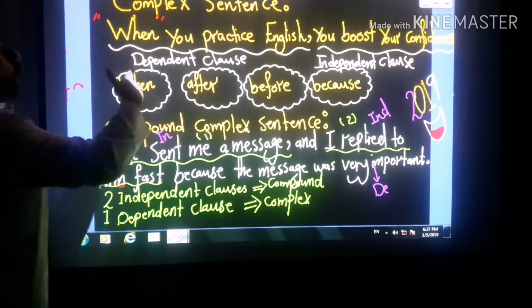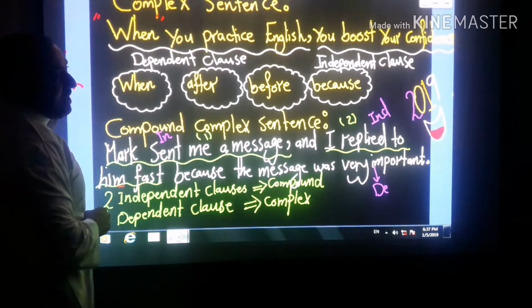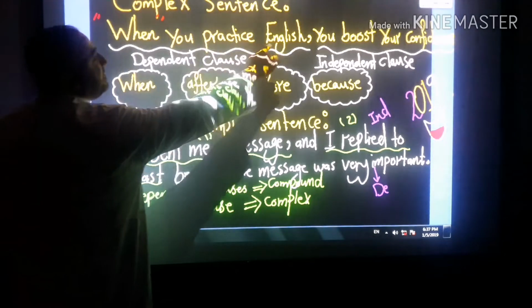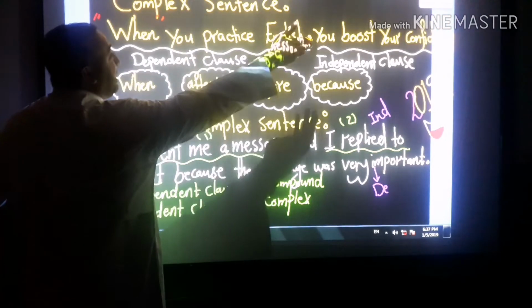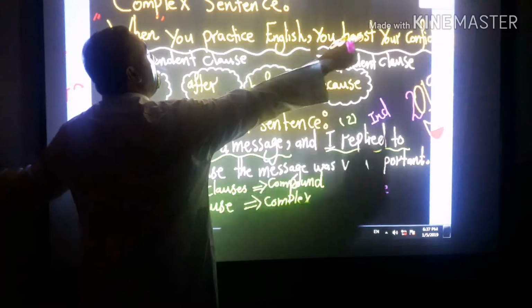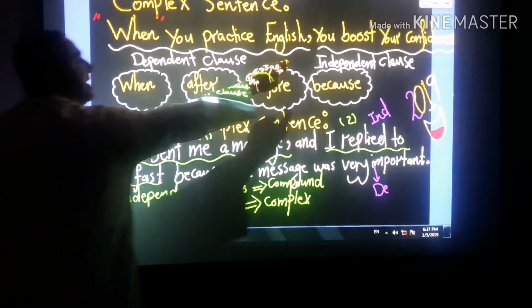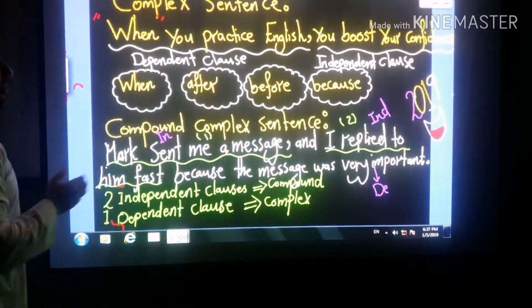Can we say in English, "When you practice English," and then you stop talking? It doesn't make any sense. So when you practice English, what will happen? You boost your confidence. So here we have a dependent clause and here we have an independent clause.